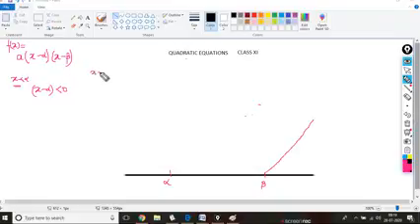If x is equal to alpha, x minus alpha is 0, so at alpha the value of the expression is 0. And let us look at x minus beta. That also will be less than 0. Why? Because I know beta is greater than alpha.